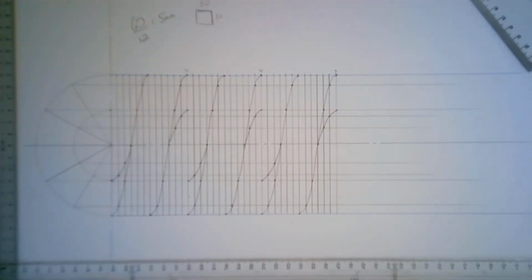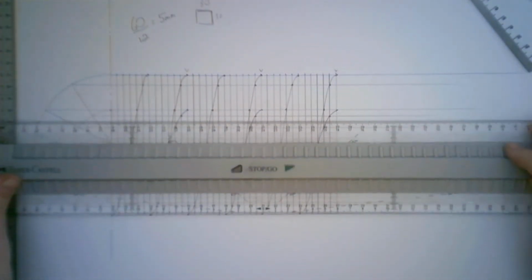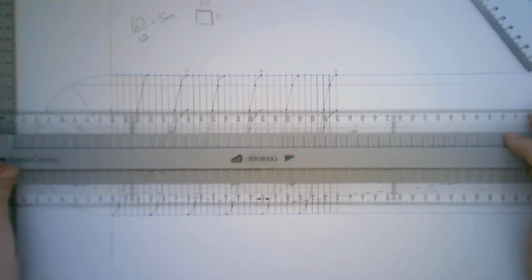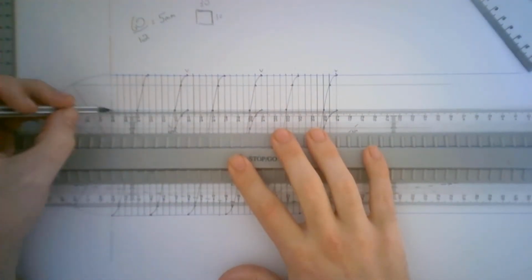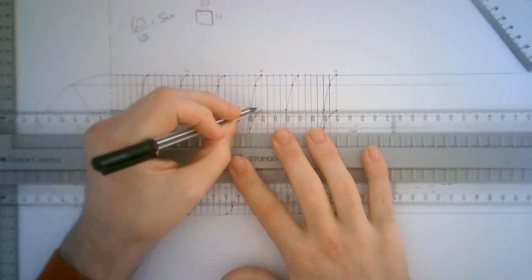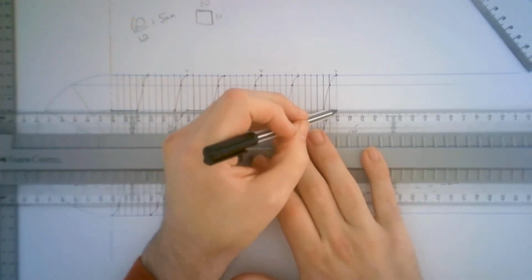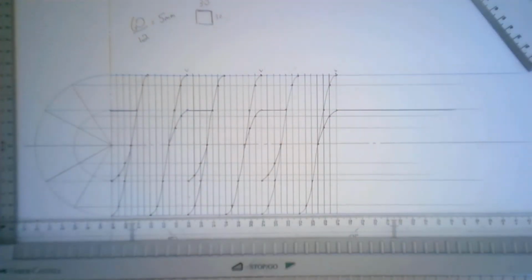That's it. Okay, so now let's take the ruler and start marking this, this, and this, right? And if I want to continue this, okay?